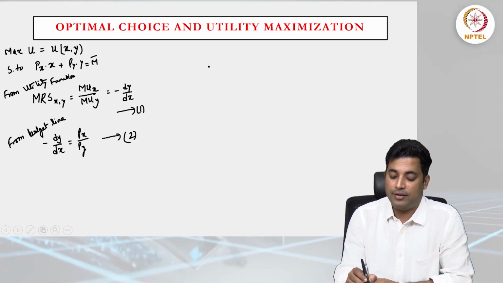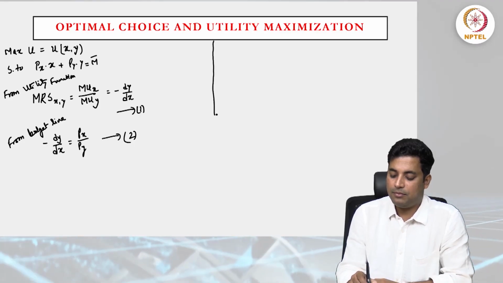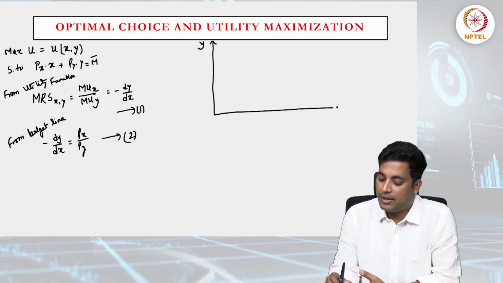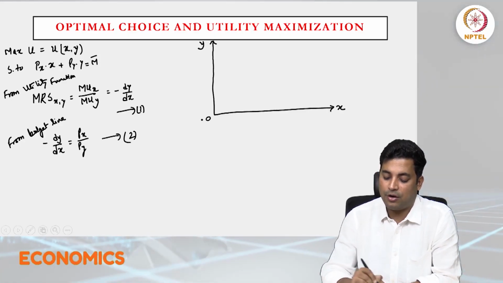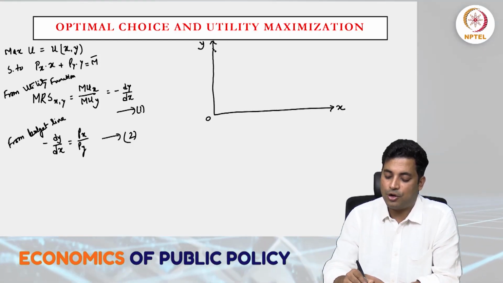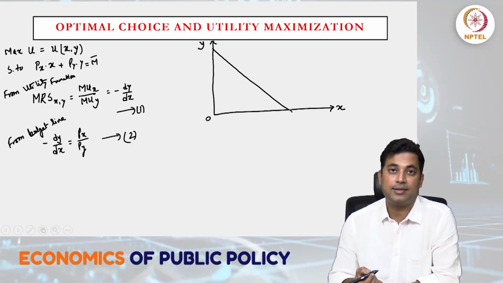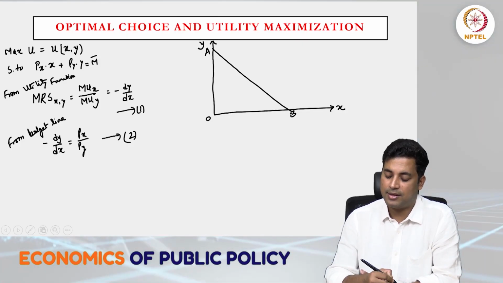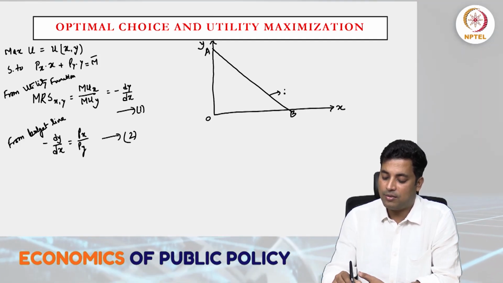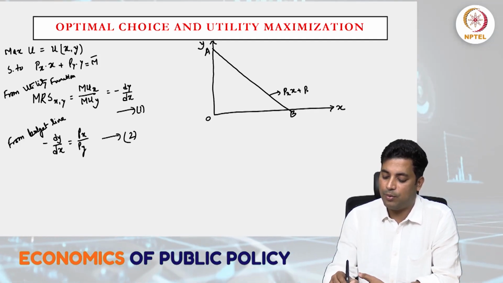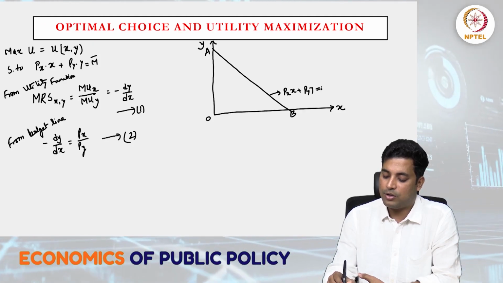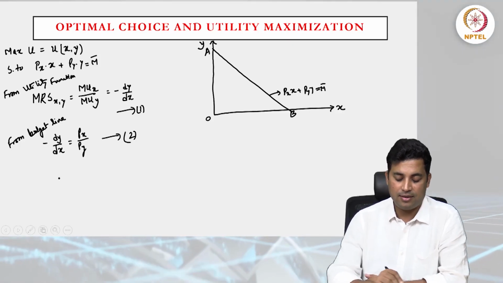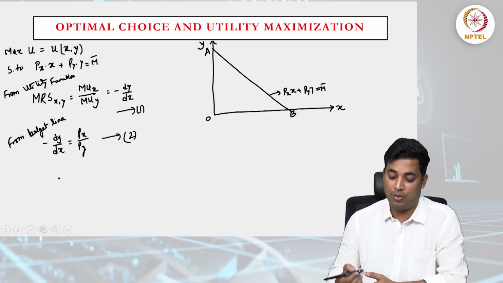So now if we draw this, if we take y on the vertical axis and x along the horizontal axis, resource is scarce and therefore we have a limited budget, and this is the budget equation pxx plus pyy equals m, which is constant, and the slope of this budget line is px by py.